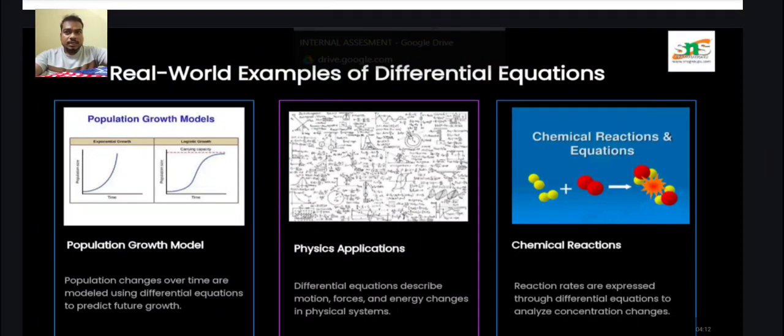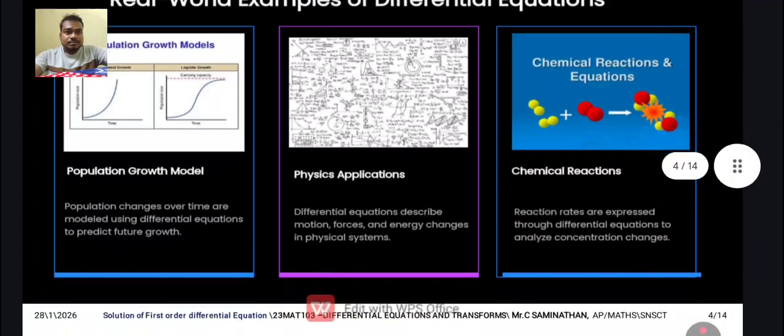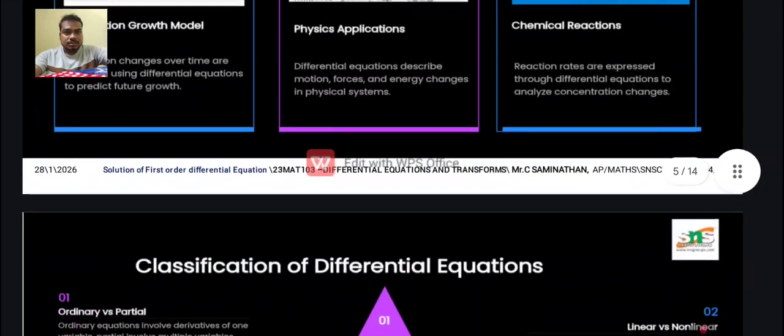So the big idea, the most important takeaway, is that first order differential equations are used whenever something is changing over time, and the change depends on the current state.